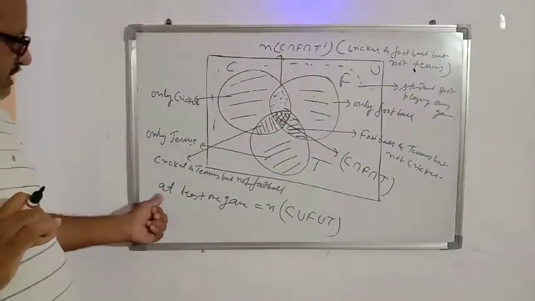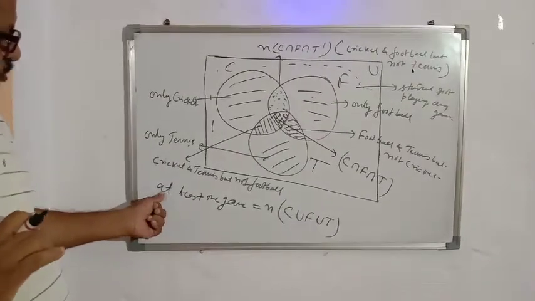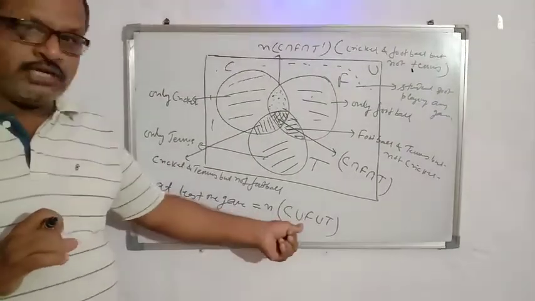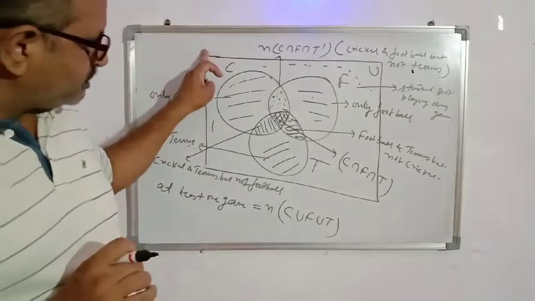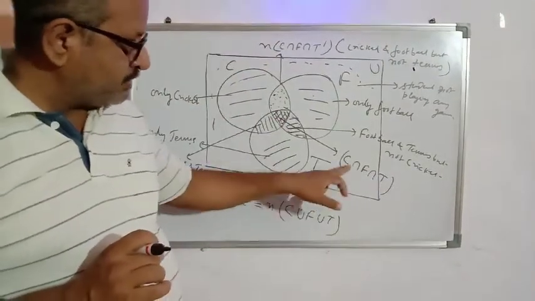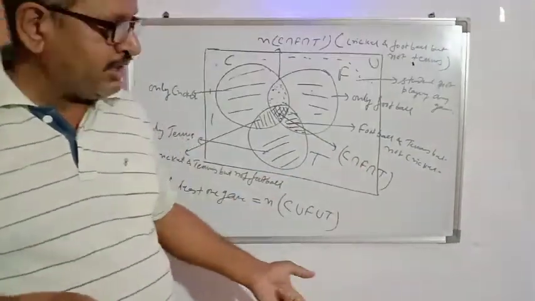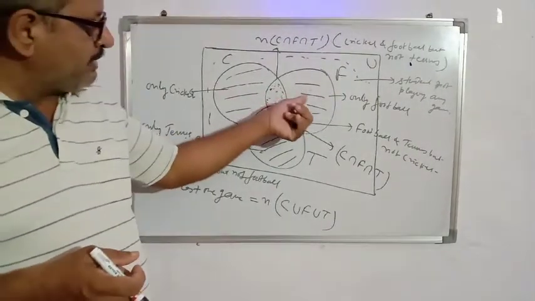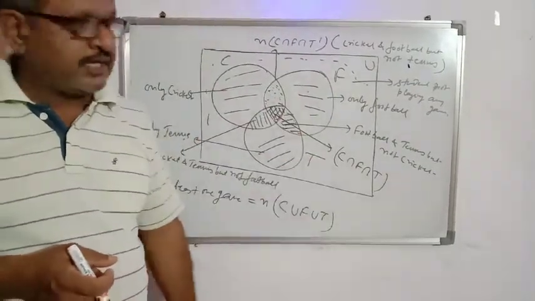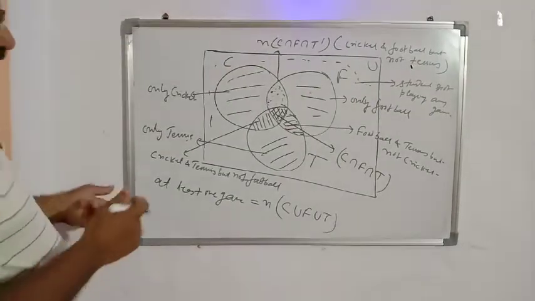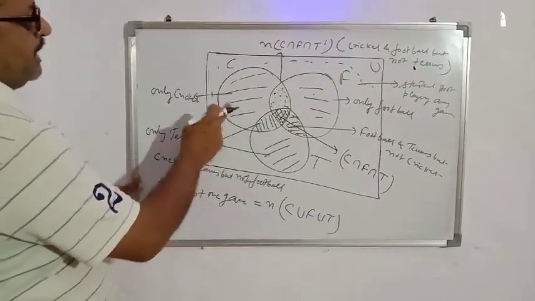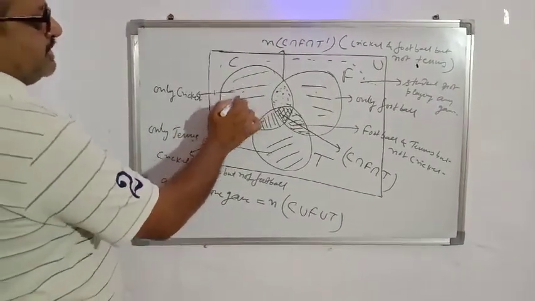So if it is asked in the question to find the number of students who play at least one game, we will take the union. To find the number of students who play all the three games, we will take the intersection of all the three. If only two games are there, we will take the intersection of only two. If it is asked how many students play only cricket, we will find this region.